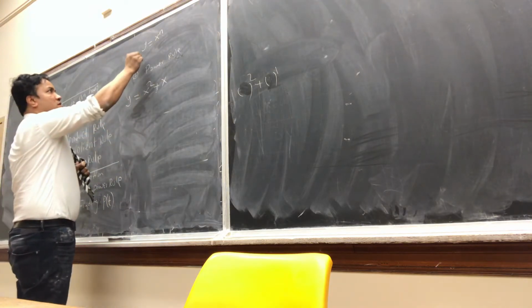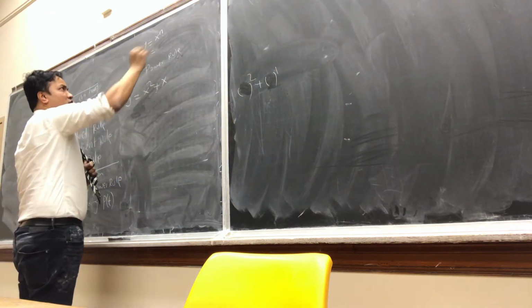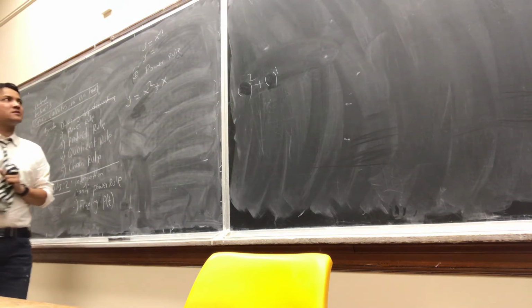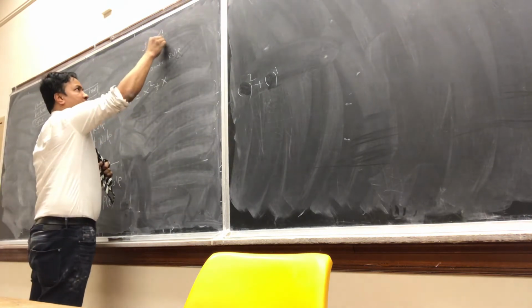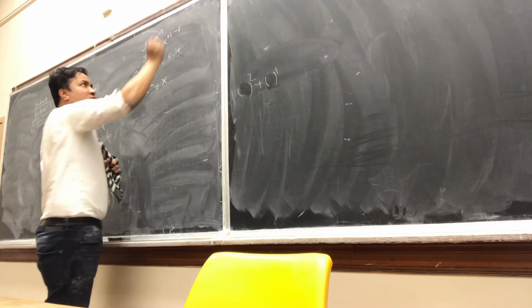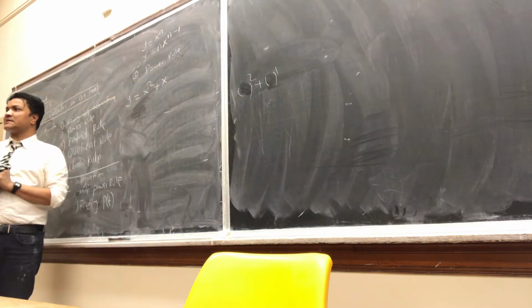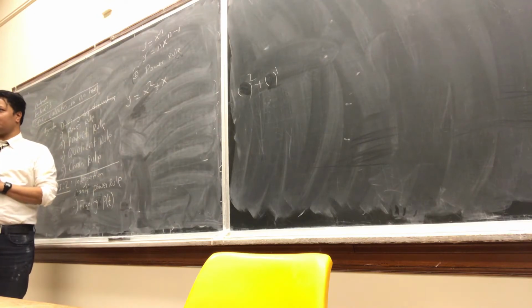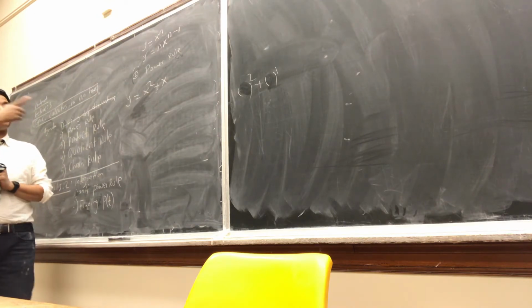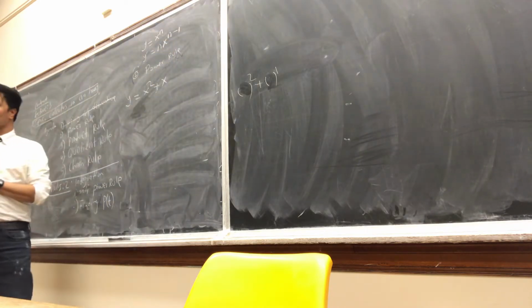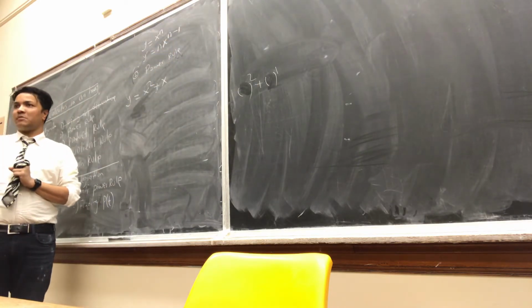Y prime is equal to, bring the n down, make the n a coefficient. So n x to the n minus 1. This machine allows us to take the derivative using the power rule. Does that make sense? Yeah. Okay, great.